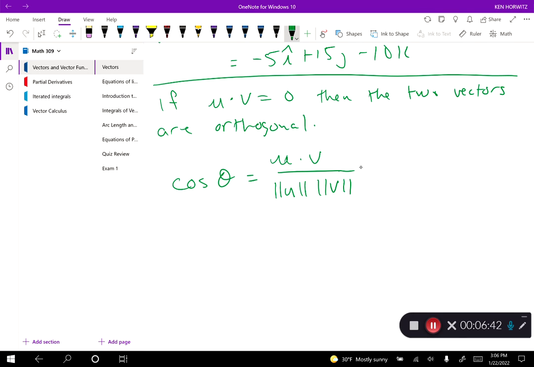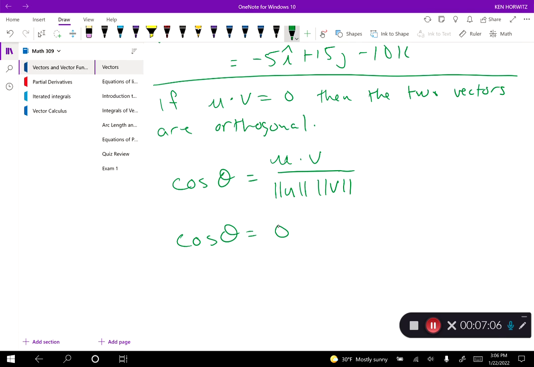Magnitude was something we did in a prior video. If you need to review magnitude, just go back to the old video and you can review that concept. But what you notice here is that if my numerator equals 0, and my denominator equals a number, I'm going to wind up with cosine of theta equals 0.